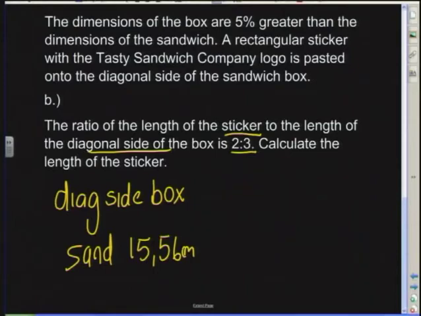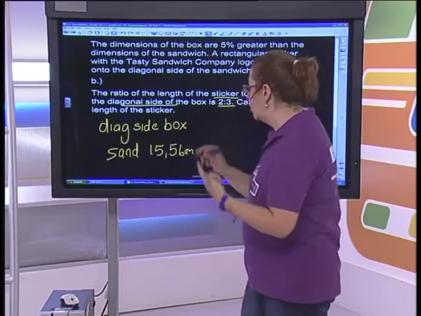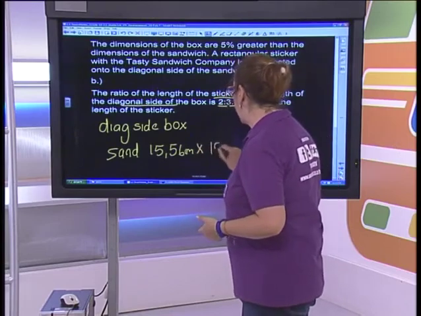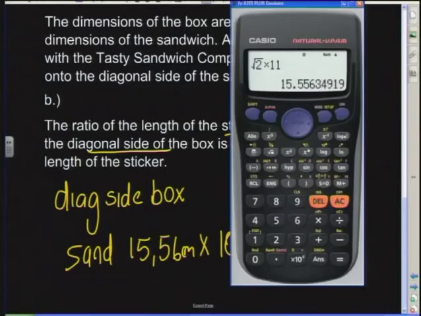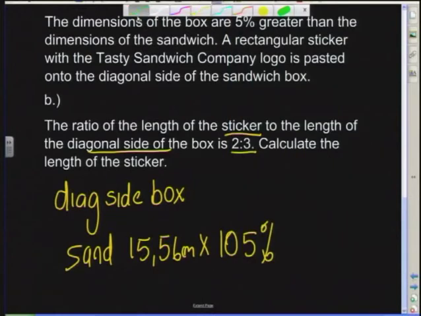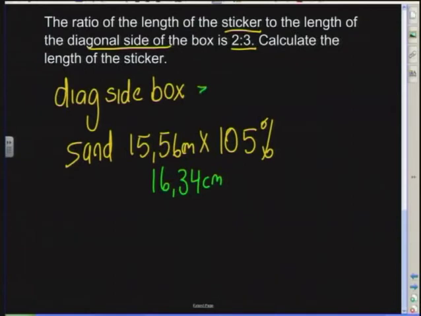And we read somewhere that the box was 5% more than that. So we need to increase this by 5%. So I'm going to times it by 105%. So 15,56 times 105% to get my answer of 16,34. Let's round it, 16,34. So that is now the diagonal side of the box.